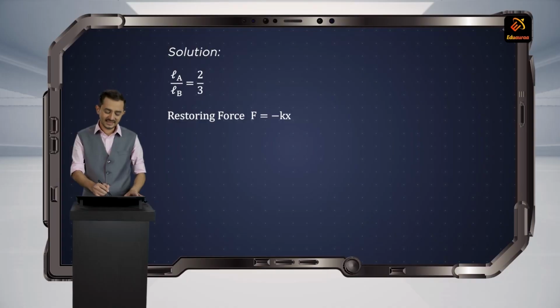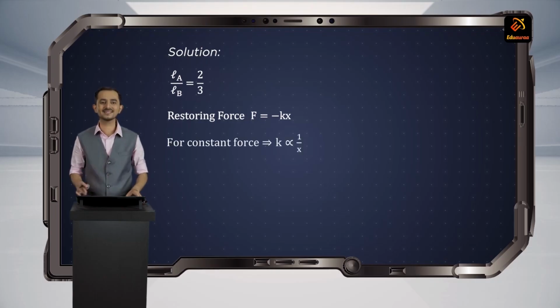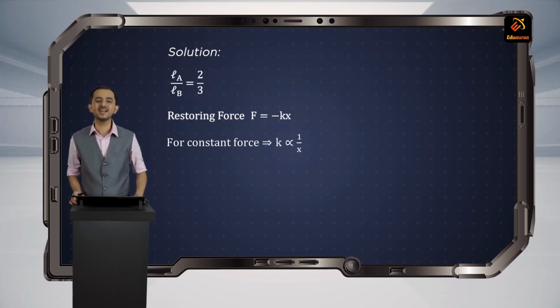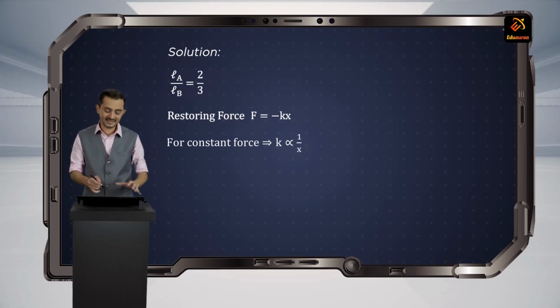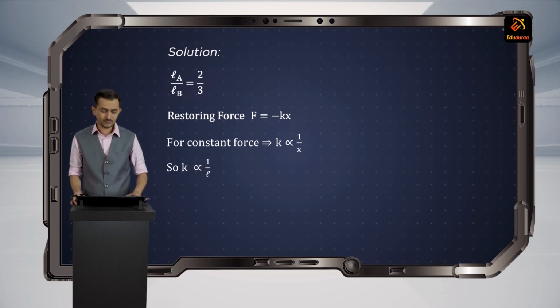So for a constant force, we can say that K will be inversely proportional to x. Over here, for the case of a spring, K will be inversely proportional to length, isn't it? Where K is force constant, so K is inversely proportional to L, students.